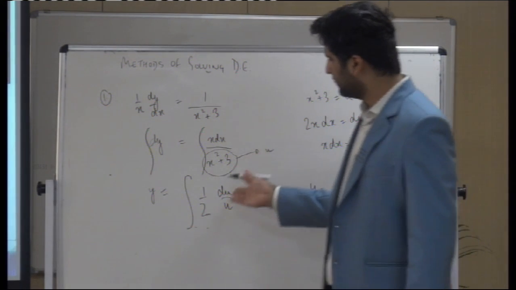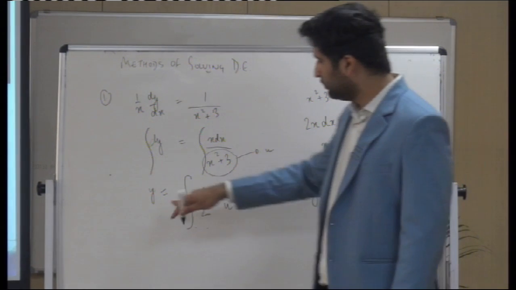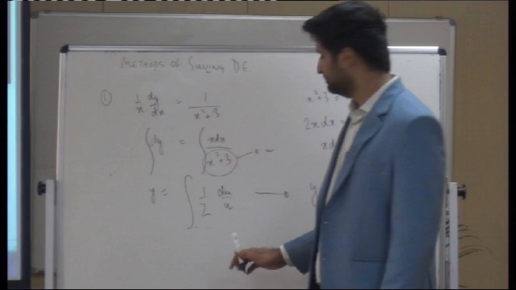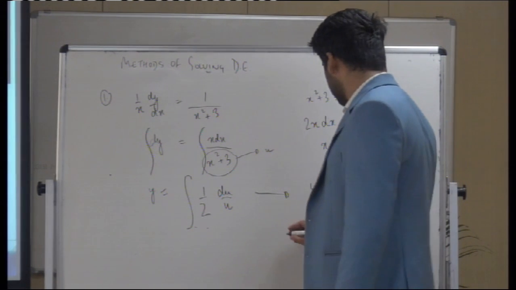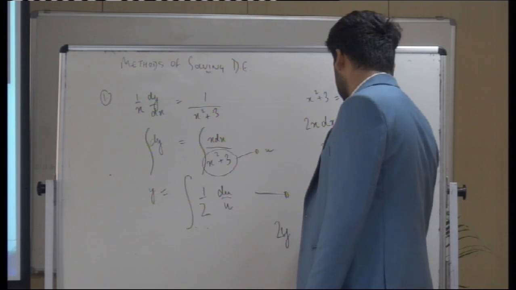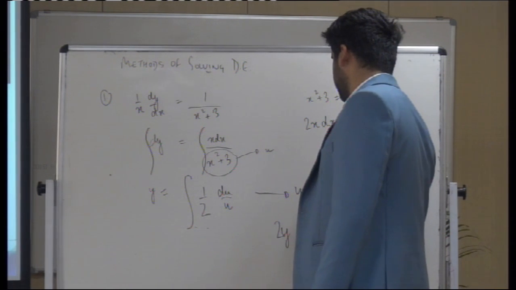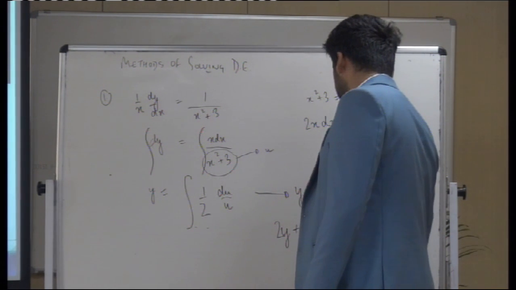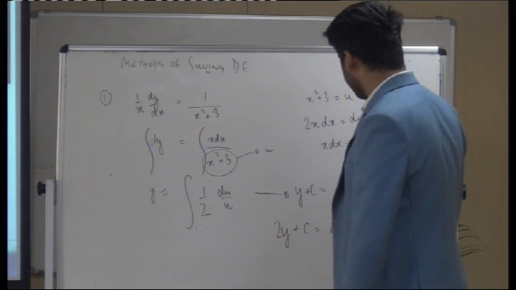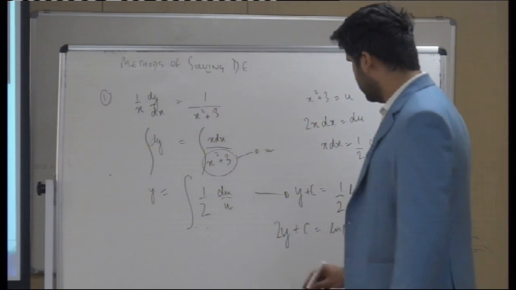You can write the constant on either side. Either you can write the constant here or here. But you need not write the constant on both sides. It is clear? Right? So this will be 2y. Let's suppose I put the constant over here, it will be easier. Plus c is equal to ln of u. Okay. So we can shift this equation from logarithmic form to exponential form.